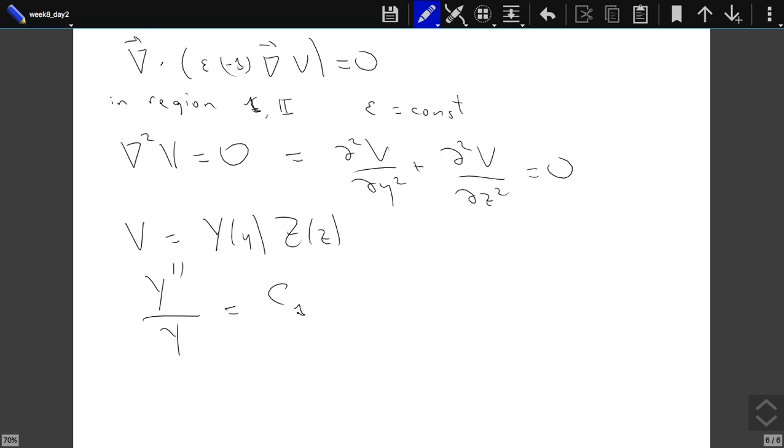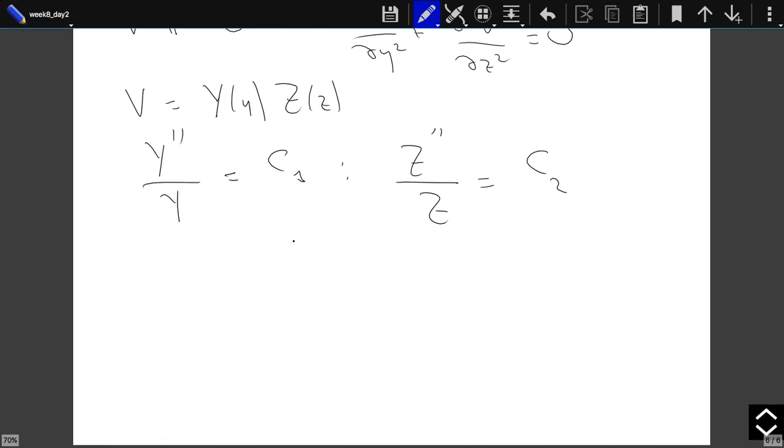Y double prime over Y is C1, Z double prime over Z should be equal to C2, and C1 plus C2 should be equal to 0.